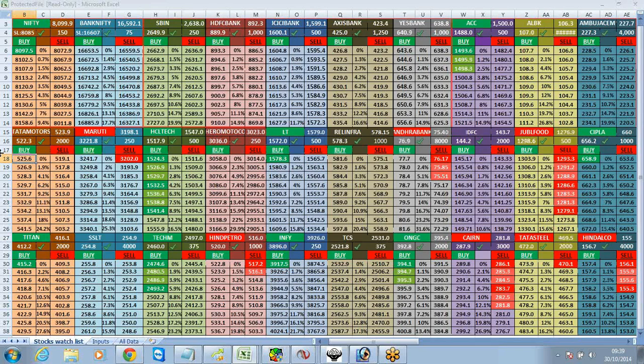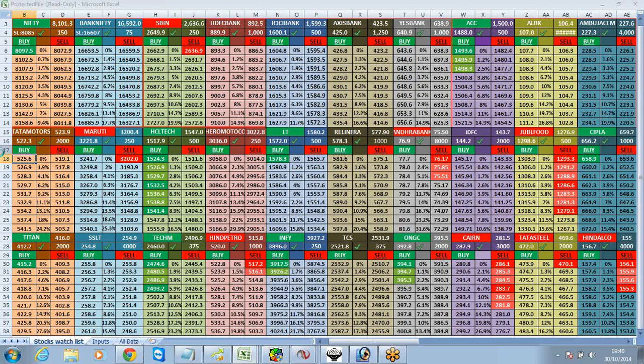So you can just see that Tata Steel, we have a sell call. There is a buy call in Ranback C, and a buy call in Sun Pharma.